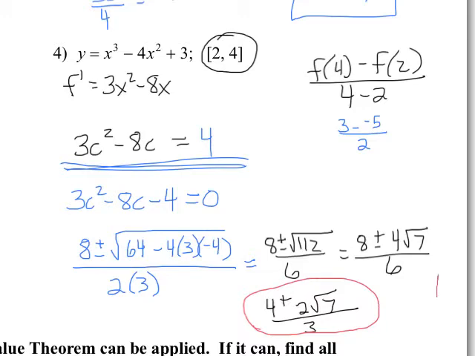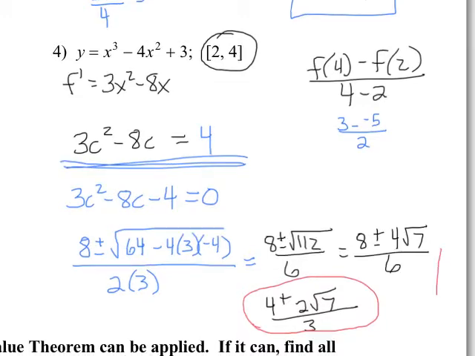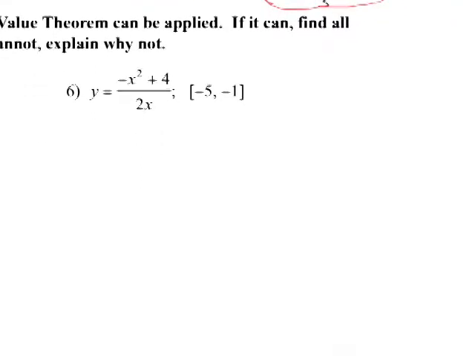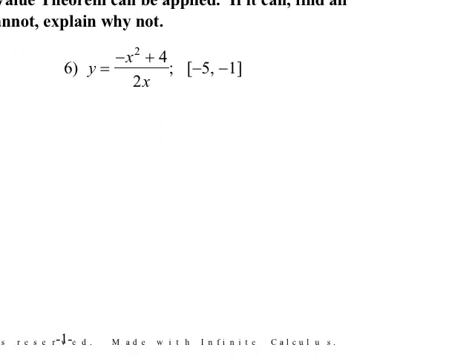Okay, for the next problems, it actually says to determine whether or not the mean value theorem can be applied, and then if it can be applied, find the value of c. If it cannot, explain why not. So remember, the mean value theorem says that your function has to be continuous on the closed interval AB and differentiable on the open interval AB.